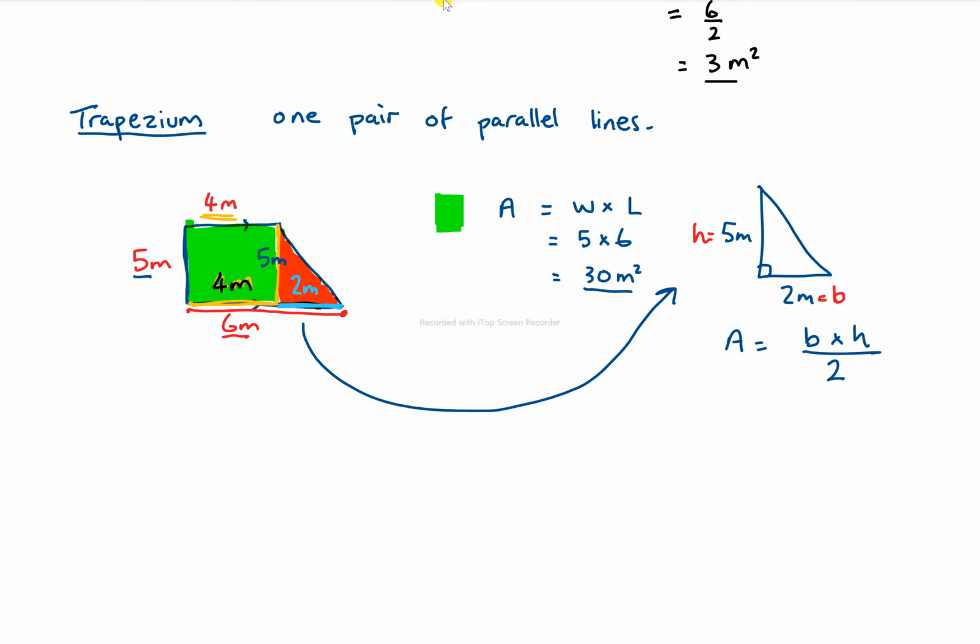So all I'm going to do is replace this B with 2, and this H with 5. 2 times 5 divided by 2, which equals 10 over 2, which equals 5 square meters. There you go.